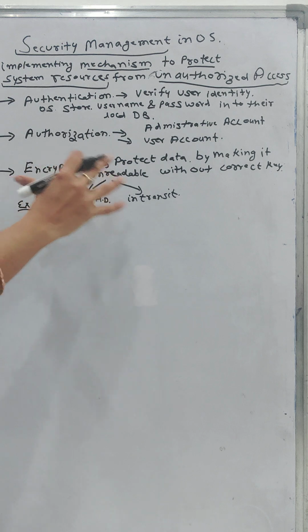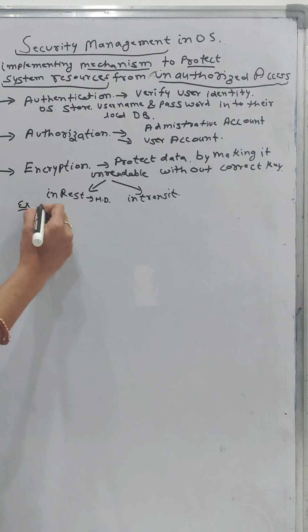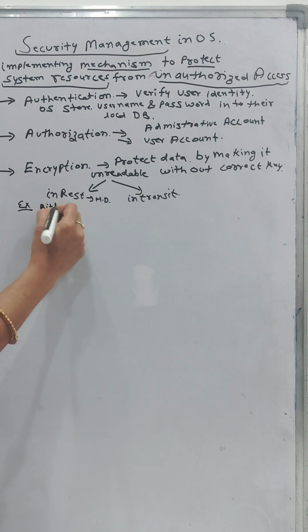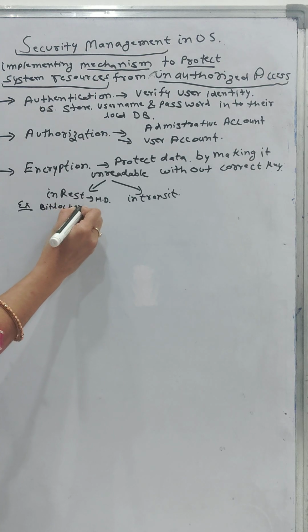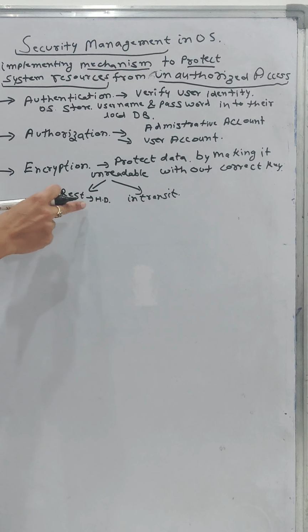It will encrypt the entire hard disk, and without entering that key, we cannot open it. Microsoft provides BitLocker. This is a simple example of encryption. Using BitLocker in Windows, we can lock our entire hard disk.